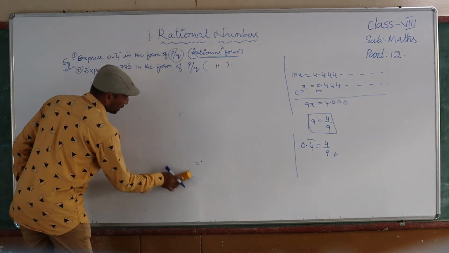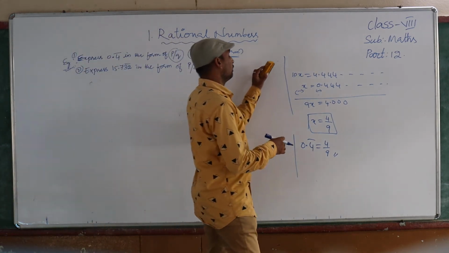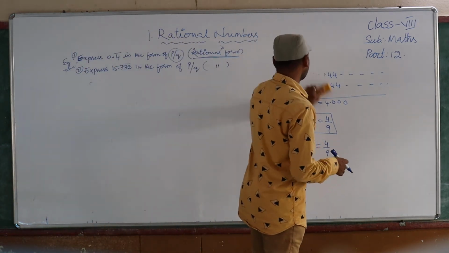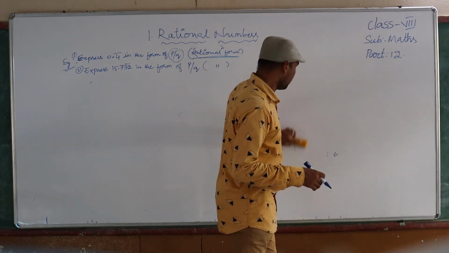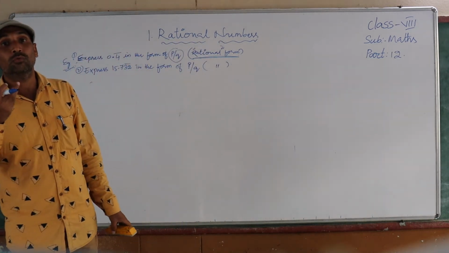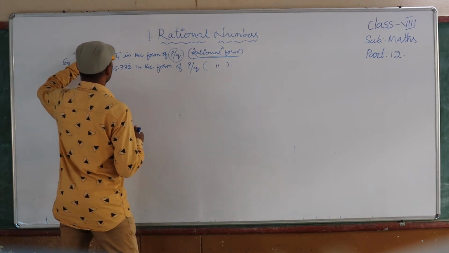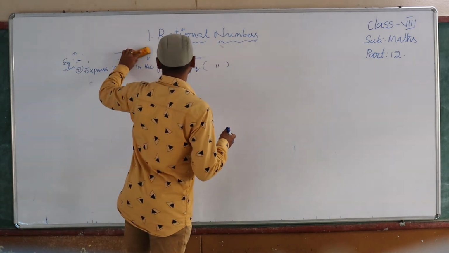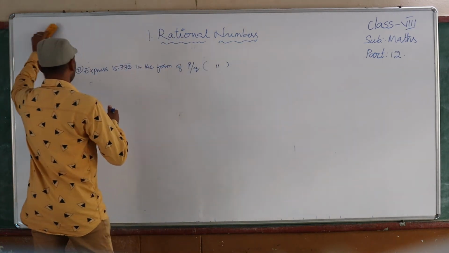Then multiplying the equation on both sides with 100 or 10,000 and so on is very important. Based on the periodicity, the equation we took as 1 is the one we have to multiply.